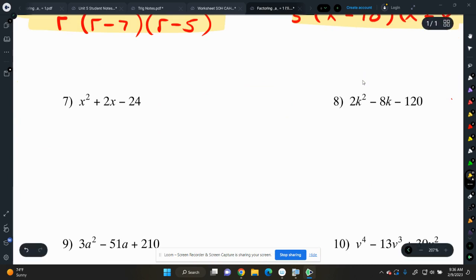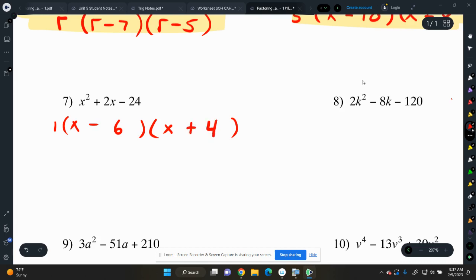Ava, how about number 7? Take out a 1, but we don't really have to write the 1, right? But there's no other common factor. Good. So what did you get inside? X minus 6, x plus 4.